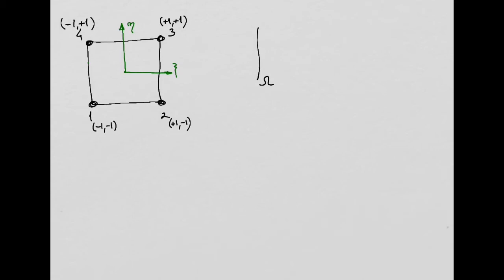So we will have to integrate something in the physical domain. We always have to integrate something in the physical domain, and this physical domain is given by dx dy, where x and y are the global coordinate axes.